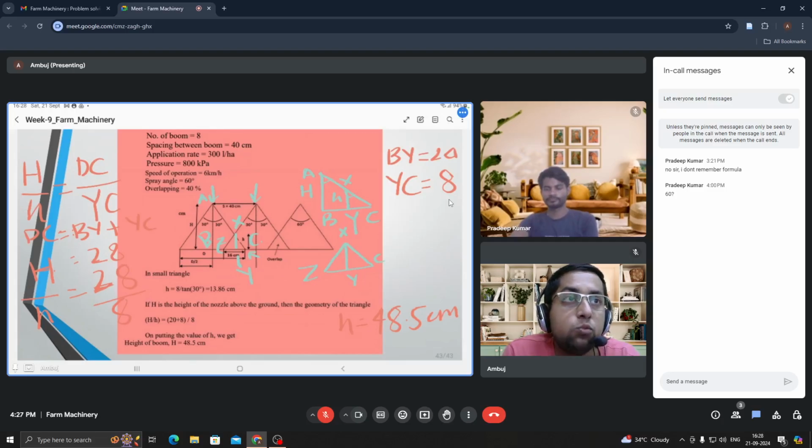Moving to the one big triangle and one small triangle. First triangle is ABC, another triangle is XYC. Both the triangles are similar, so from similarity criteria, I can say capital H over small h is given by BC over YC.